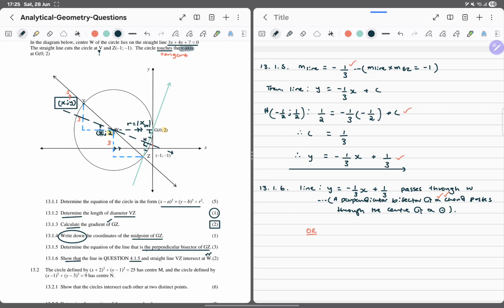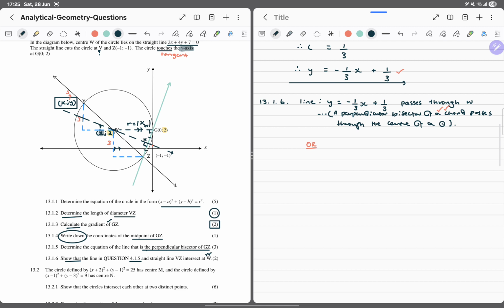Or alternatively, one may want to just show that if we are to solve VZ equal to the line, let's just say VZ is equal to the line, because when they are equal, this is what it means.